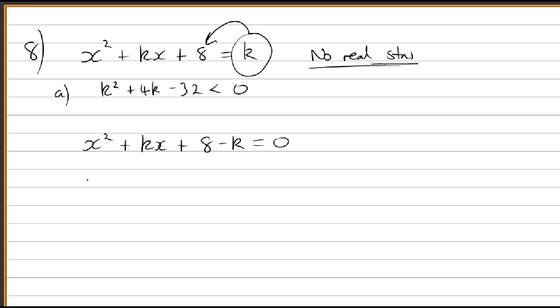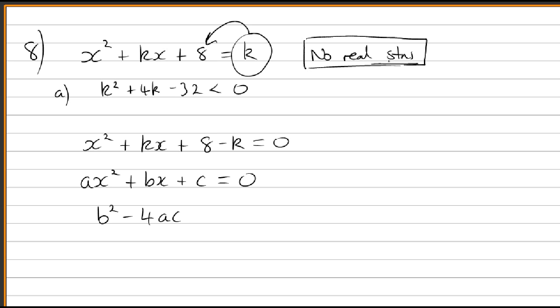Now if we consider the general form of a quadratic equation, we have ax squared plus bx plus c equals 0, and looking at its discriminant, b squared minus 4ac, if there are no real solutions, then b squared minus 4ac is less than 0.